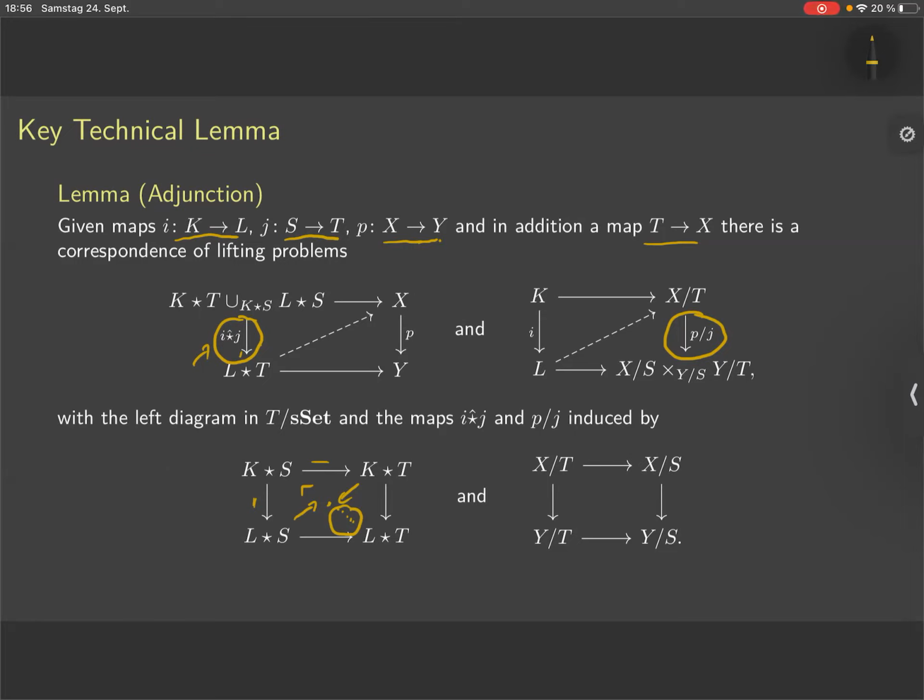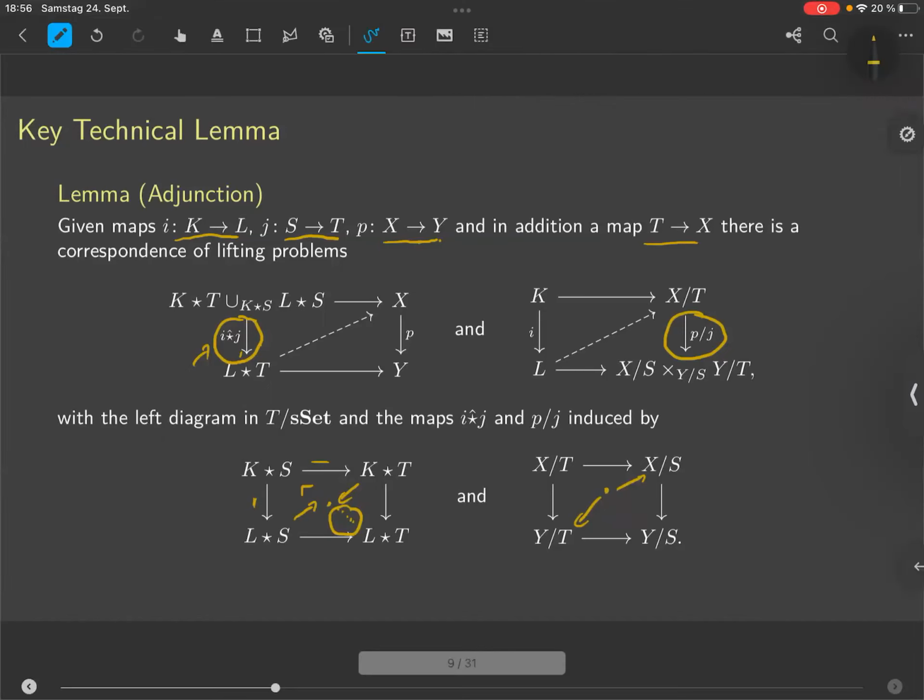And again, we have P slash J, P slice J. And this is induced similarly, but here we take the pullback in this diagram and get an induced map here, which is this one.